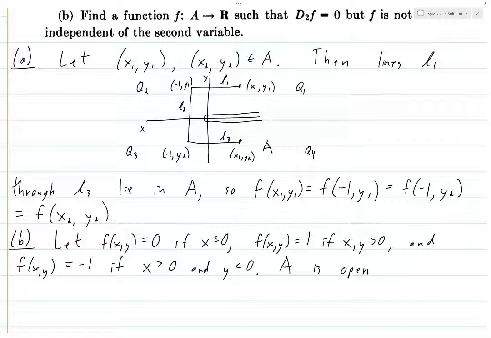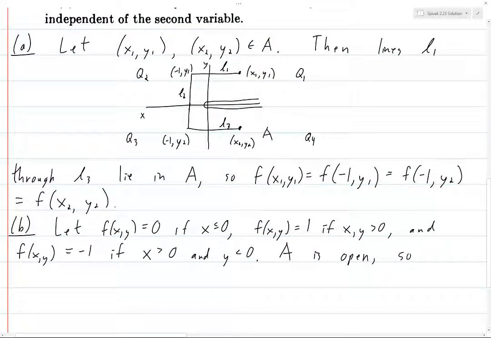And so to avoid that, for whatever y coordinate you have of your point, you make sure that the length of the rectangle in the y direction is less than the distance to that ray divided by, say, 2. Alright, so with that you can see that A is open.